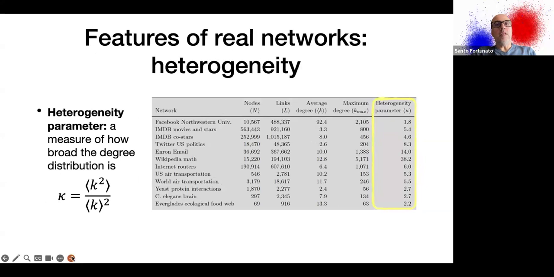So third and last property. Of course there are many others, but these are the three pillars that we try to stick to in order to build our networks. Heterogeneity. Real networks are heterogeneous. There are hubs, nodes which have a much higher degree, many more neighbors than most of the others.